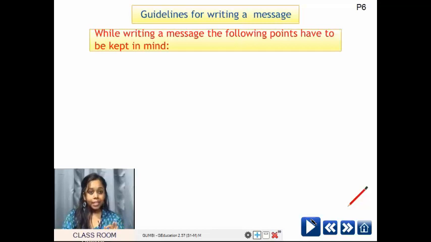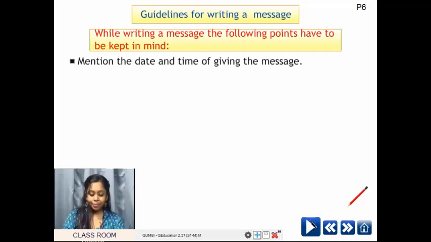While writing a message, the following points have to be kept in mind. Mention the date and time of giving the message. That's very important. You need to give the date and time when the message was written, because the person who reads the message will take action accordingly.